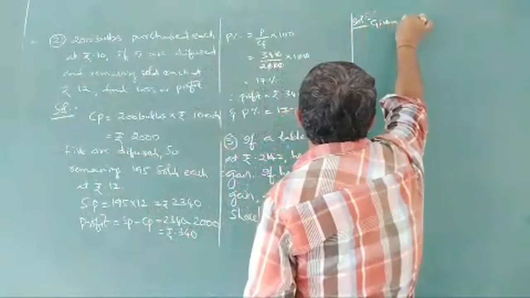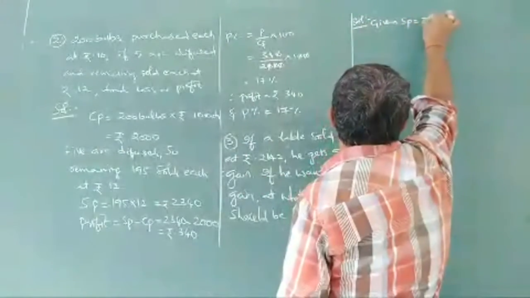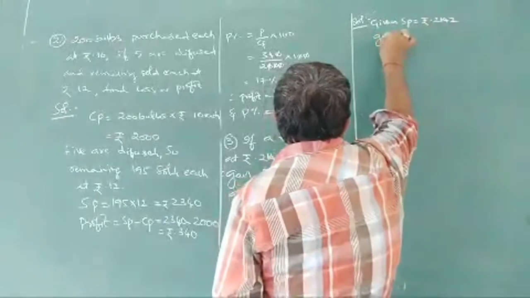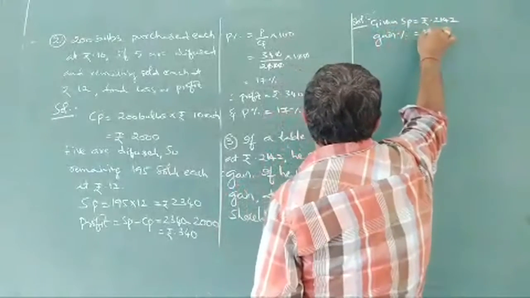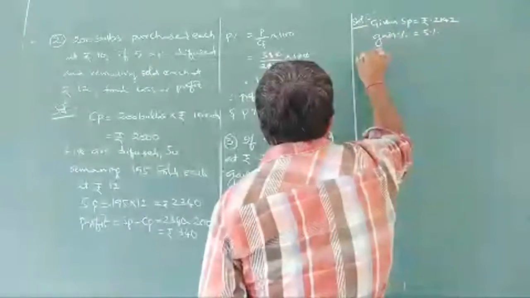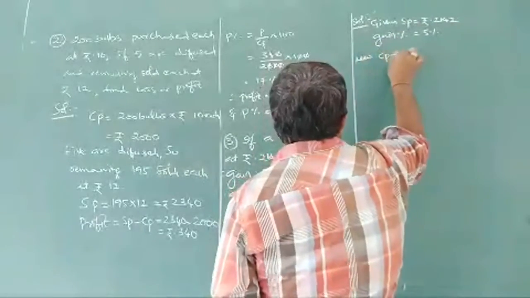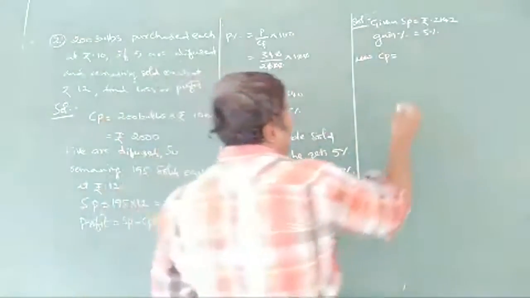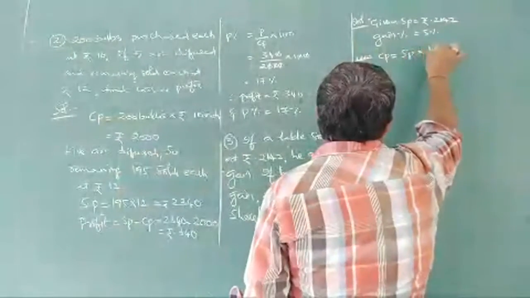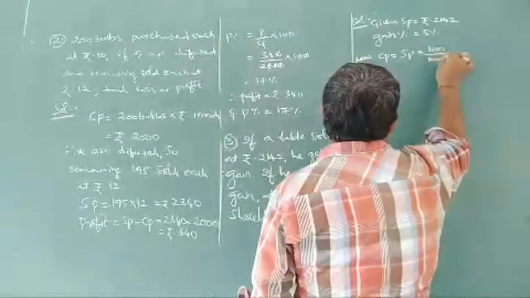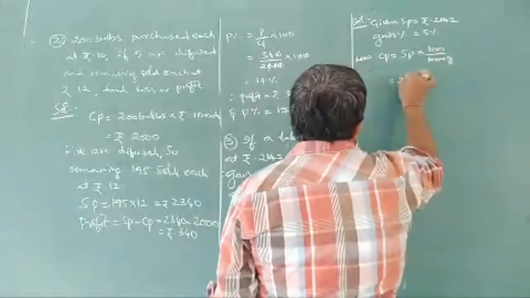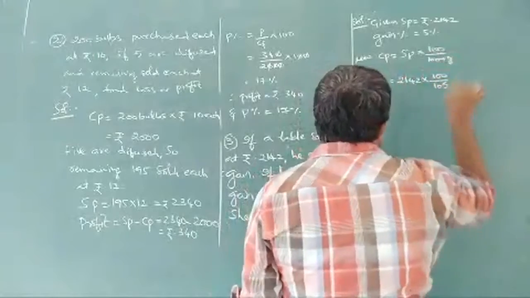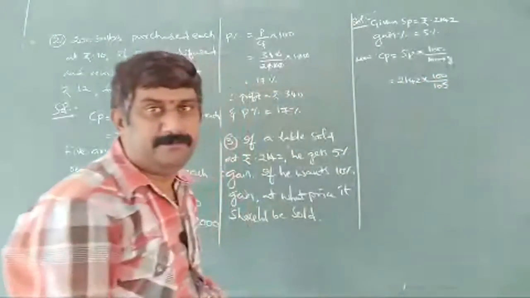What is given here? SP is given. How much is it? Rupees 2142. And gain percentage is 5%. Now CP is equal to, what is the formula we can write for CP? SP into 100 by 100 plus G. 2142 into 100 by 105. 100 plus 5 is 105.